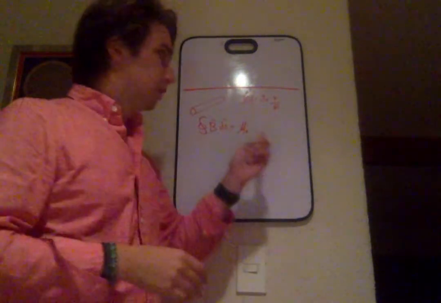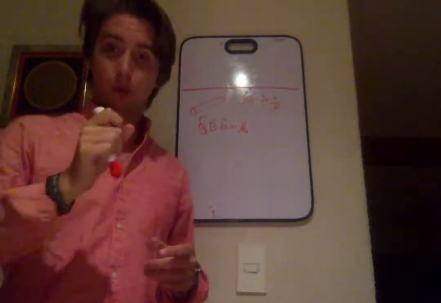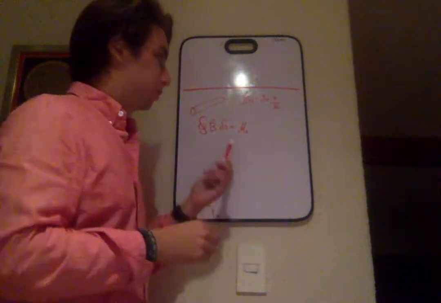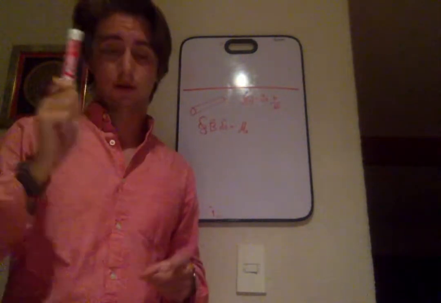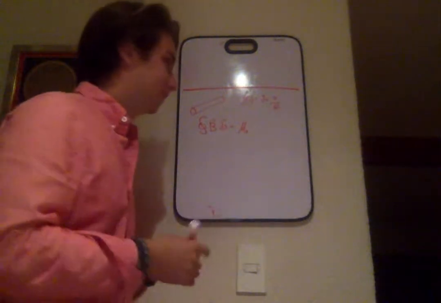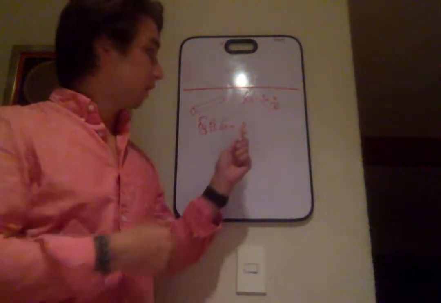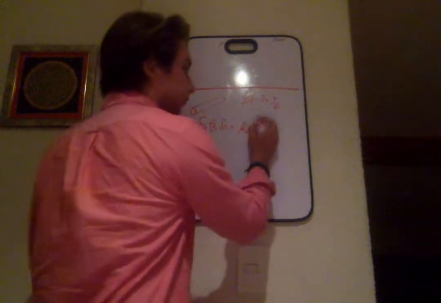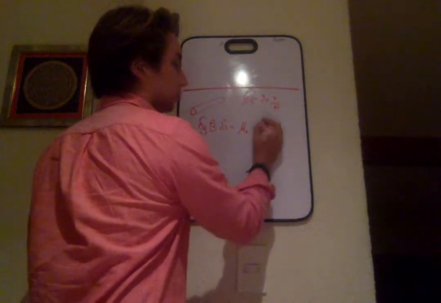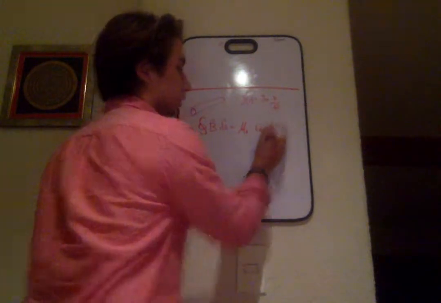And this mu0 is the permeability of vacuum, and that's a constant, and you can find that on Google. And so we have this permeability multiplying the enclosed current.